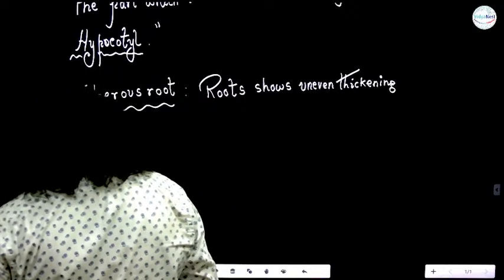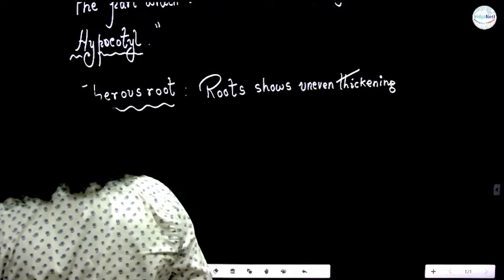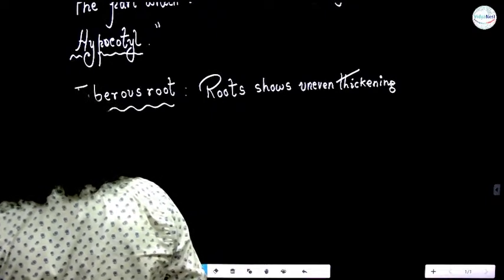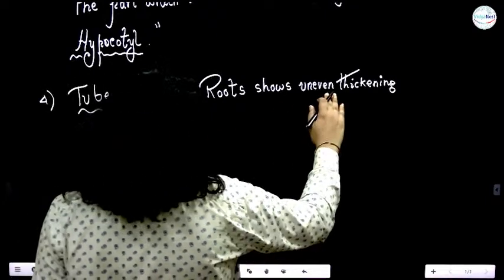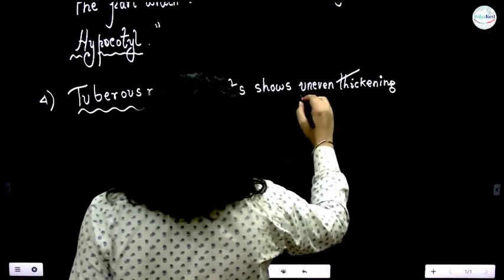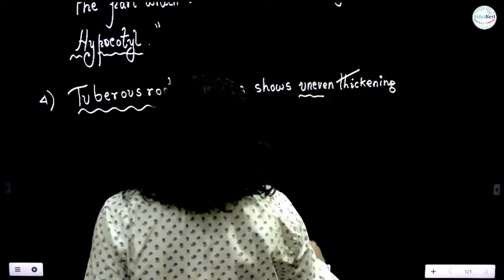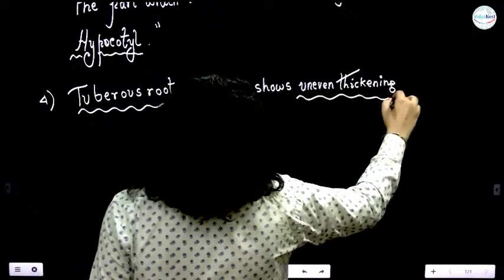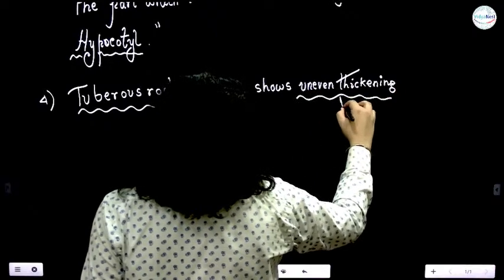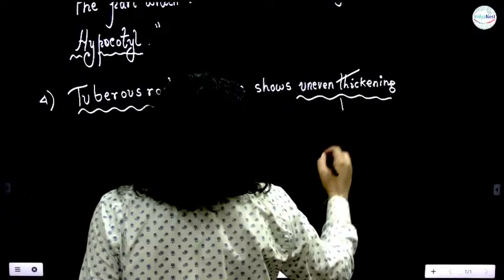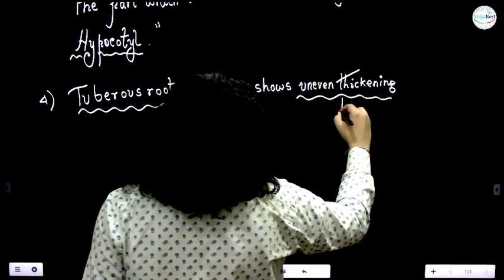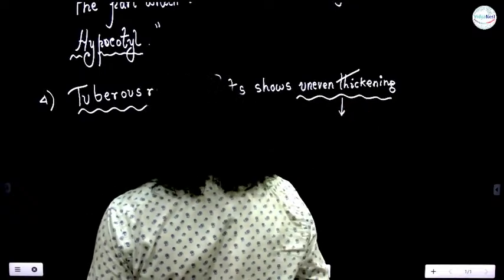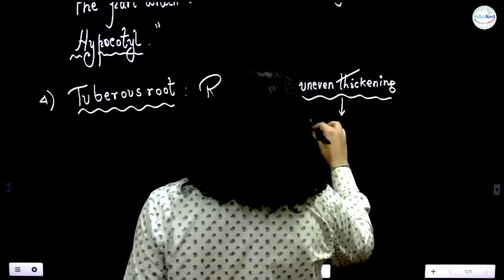Now, in this type of root, we can see that these tap roots are irregular in shape. So when uneven thickening is present, we can say they are irregular in shape.